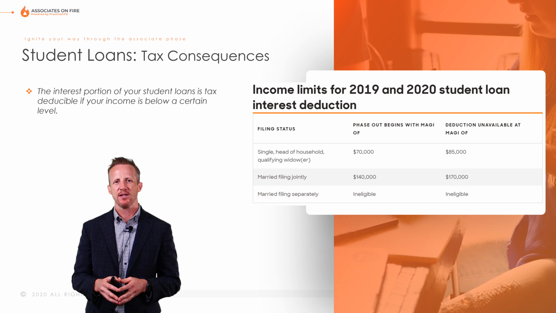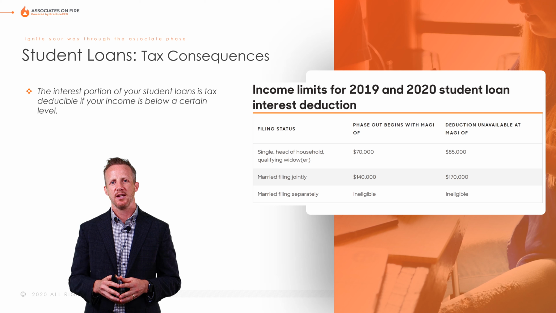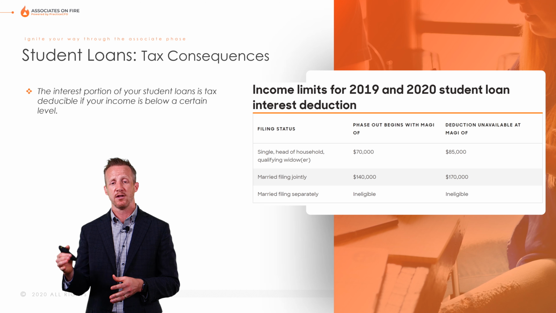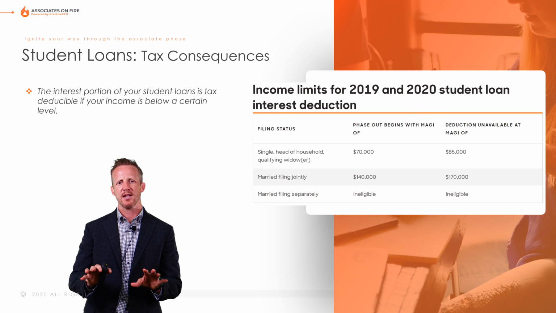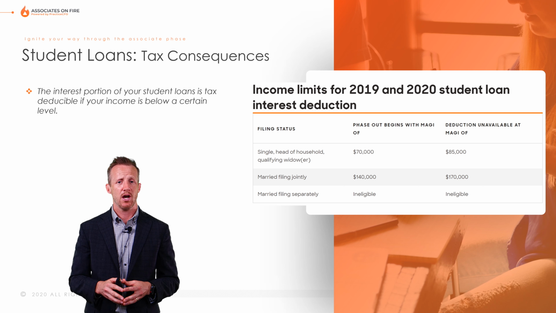That might be the only time we have a conflict here: if you're married and making combined with your spouse $140,000 or so, or let's say $200,000, and you want to exclude your spouse's income, you can't file married filing separately and get a tax deduction on the student loans. You may be trying to do that in order to have a lower repayment on the Pay As You Earn option, but it may not be good for tax purposes. So you have to look at those in conjunction with each other.